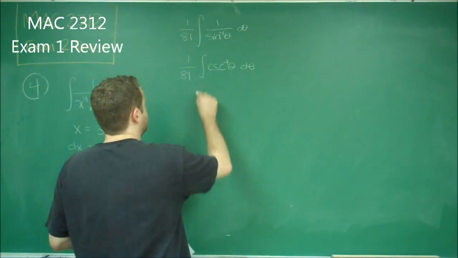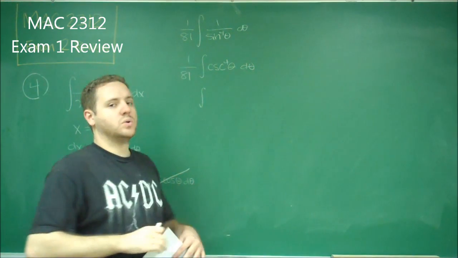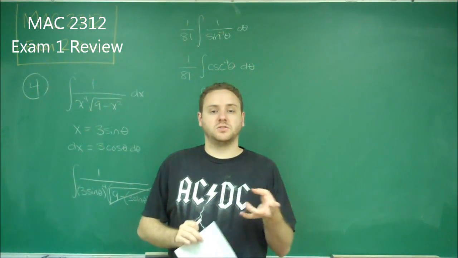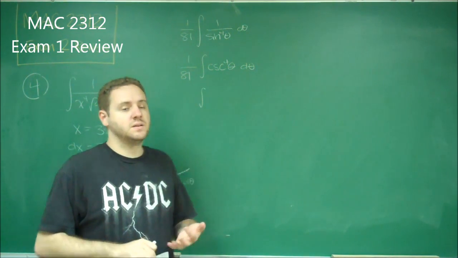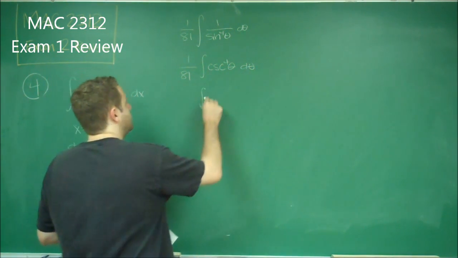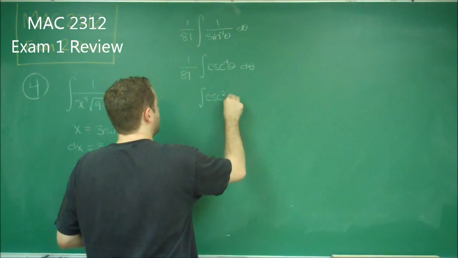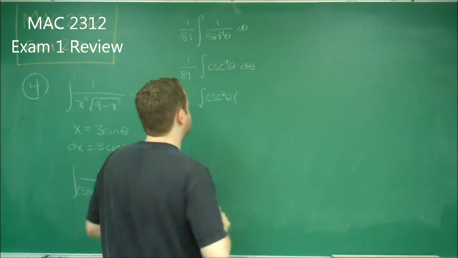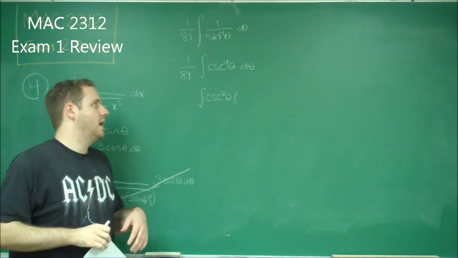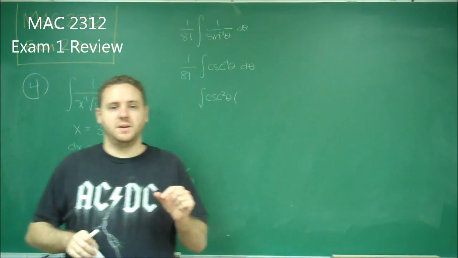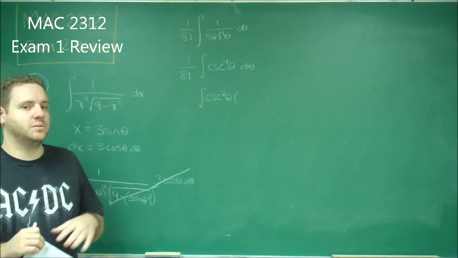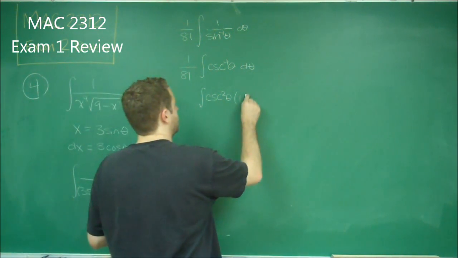So cosecant to the 4th, remember that rules for cosecant and cotangent are extremely similar to the rules of secant and tangent. You just might have negative signs that you need to be aware of. So we want to keep cosecant squared theta and think about what the other term is going to be. Cosecant squared is going to be equal to 1 plus cotangent squared.